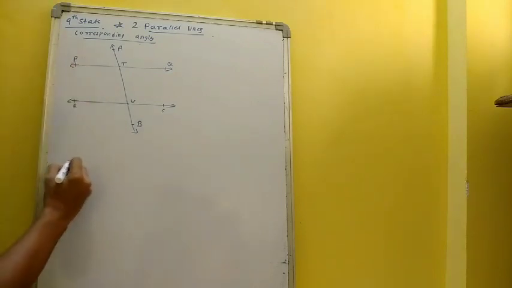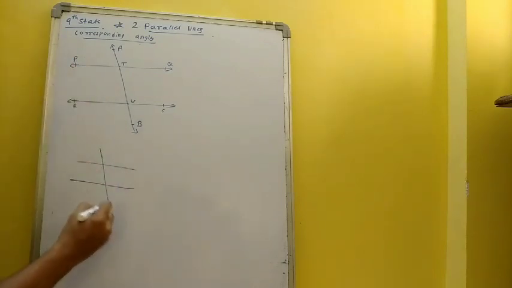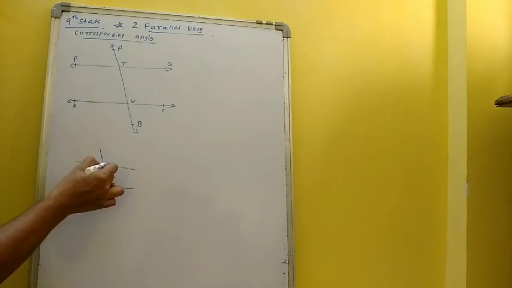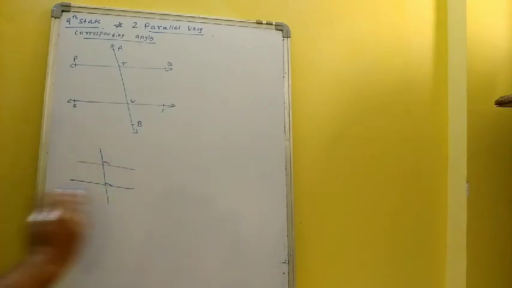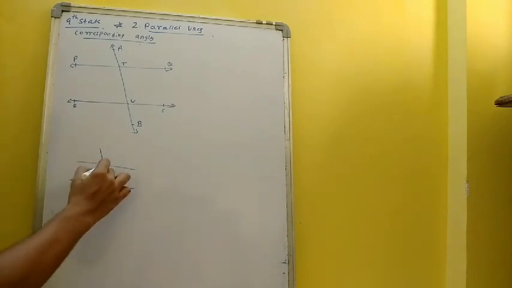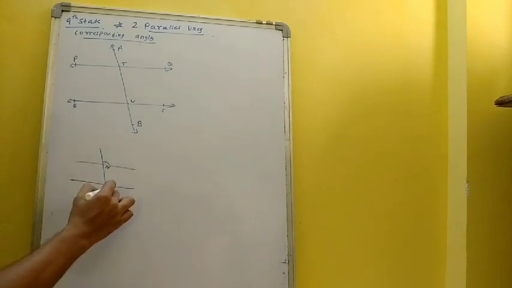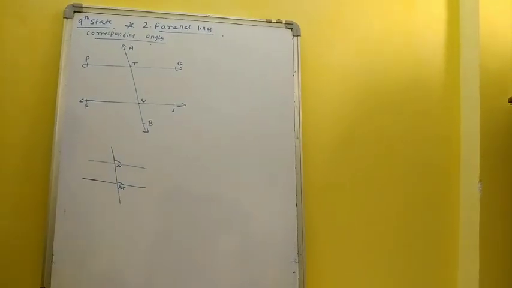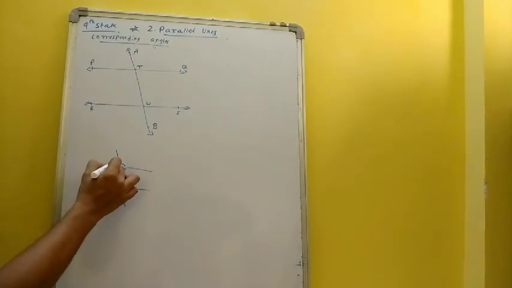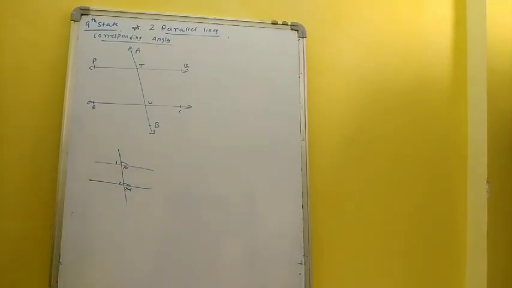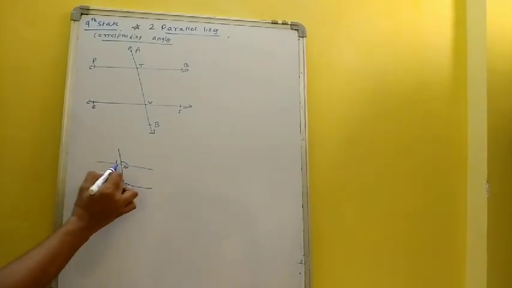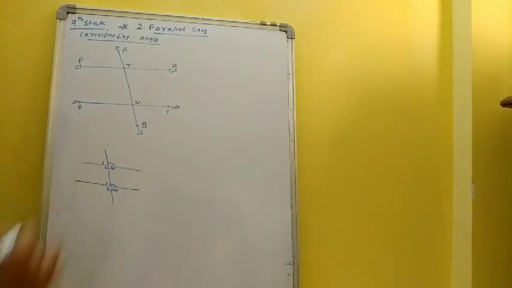See, we have two lines and a transversal. Angles above the line on one side are equal. Angles below the line on one side are equal. This side also, angles above the line are equal and angles below the line are equal.